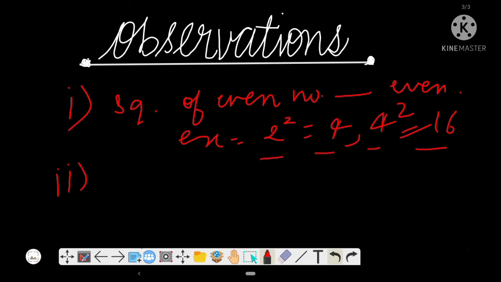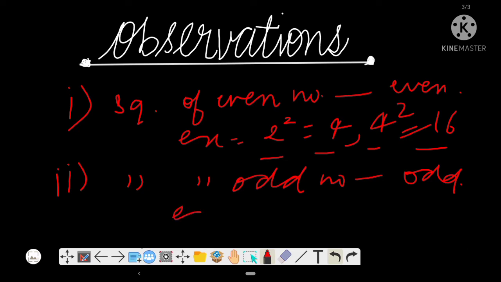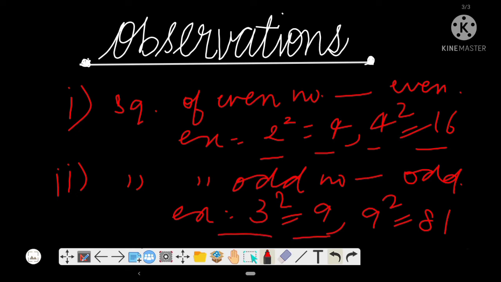Second observation is the square root of an odd number is always odd. For example, 3 square 9 and 9 square 81. 9 is odd as well as 3 is odd. Here 9 is odd and 81 is also odd, which means root is odd and square is also odd.